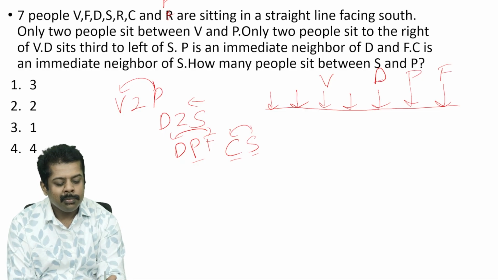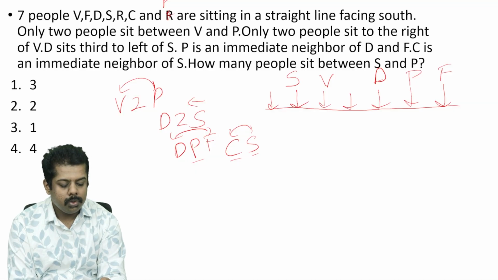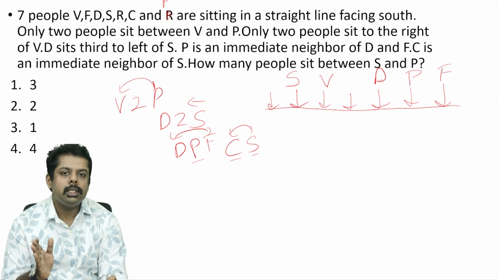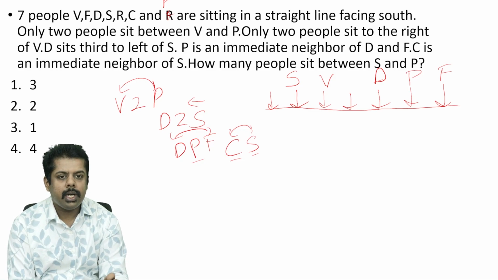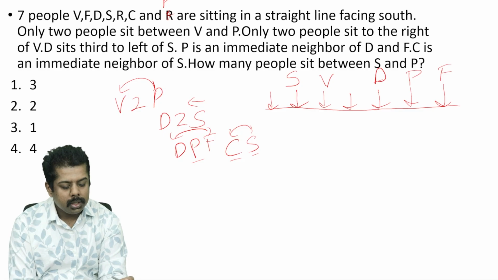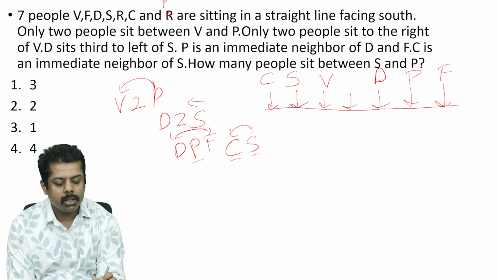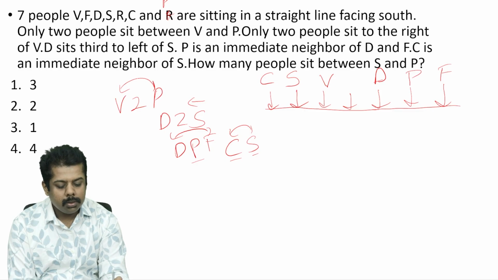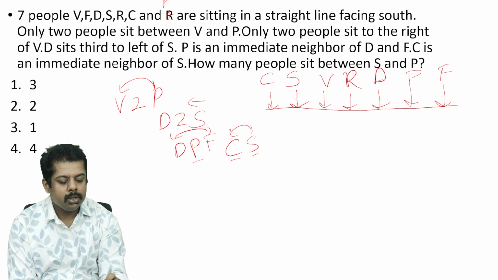We can just see it. We can place S here. By placing S here, D is sitting third to the left of S, so that point is valid. The other point was that C and S are immediate neighbors, so that is also working here. We have another person to fix here, who is R basically. So R will come between V and D.